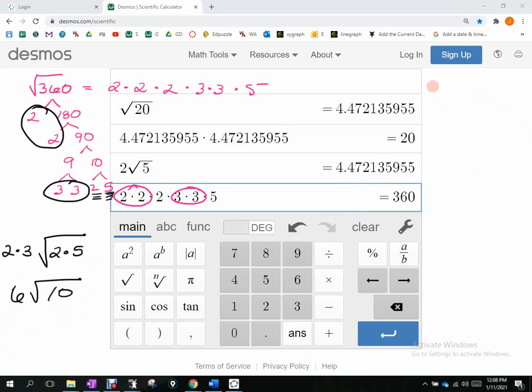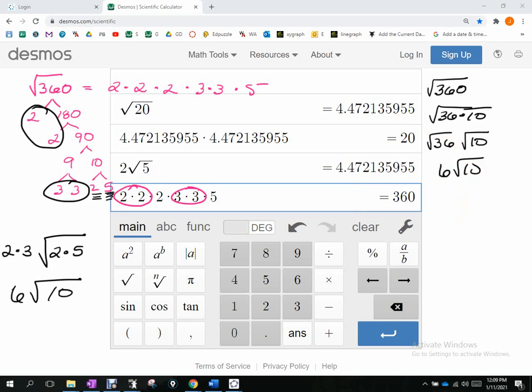So what we're doing here is ultimately saying that 360 is identical to 36 times 10 underneath the radical. Is that okay with everybody? Which is, and I'll prove this with some numbers here in a moment, the same as radical 36 times radical 10. But what's radical 36? It's 6. Square root of 36 is 6.